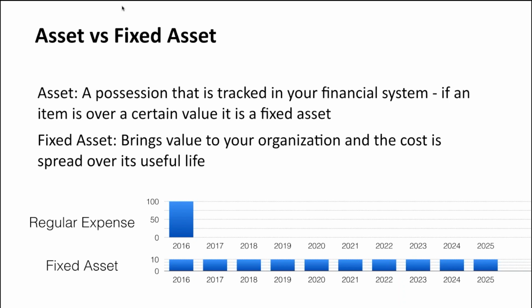A fixed asset is typically an item that's over a certain value that you want to spread the cost of the item out over multiple periods or multiple years. So a fixed asset brings value to your organization and the cost is spread over its normal life.